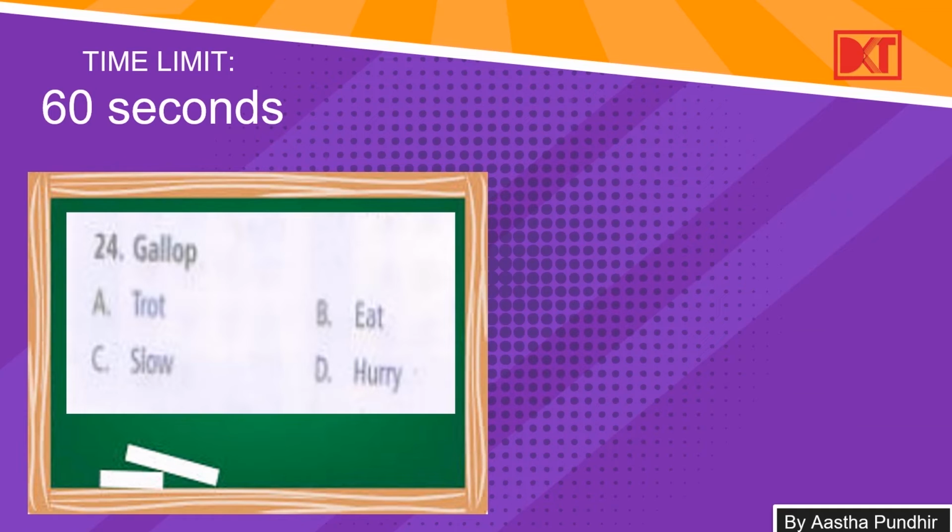Next word is gallop. The other word options are A, trot, B, eat, C, slow, or D, hurry. Now here the opposite is C, slow. Now gallop, to be exact, refers to this process of eating where you quickly swallow things.